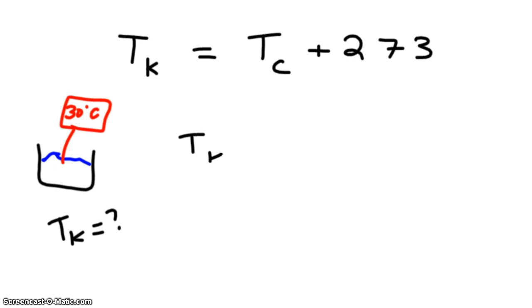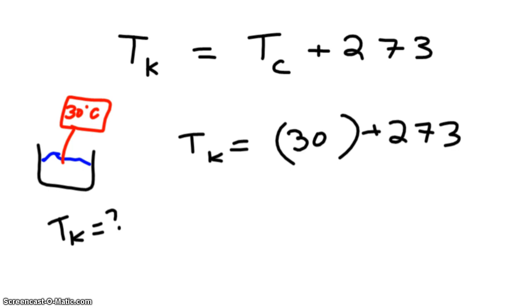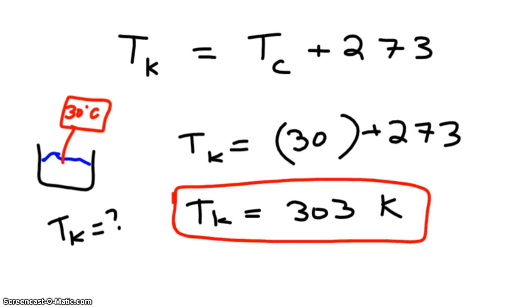You would just take this equation, and in place of T sub C, you would insert 30. Notice I've dropped the units. And then you would add these together to get 303, and you would tack on the new unit, Kelvin. So units don't really work in this equation. We ignore the units until the very end, and then we rewrite the new units. So this right here is how we convert between the two.